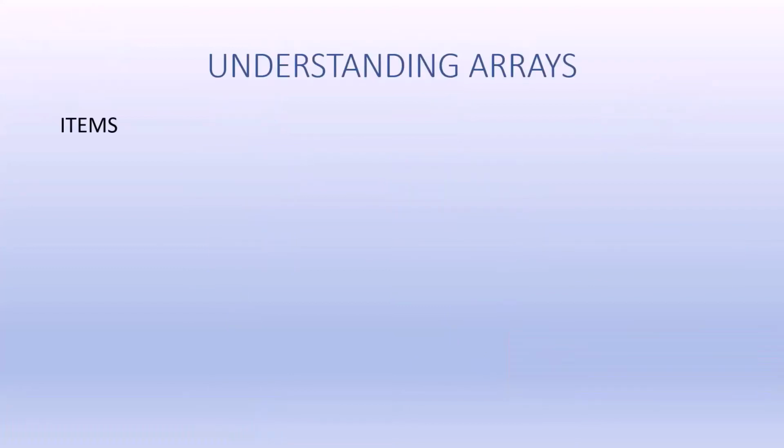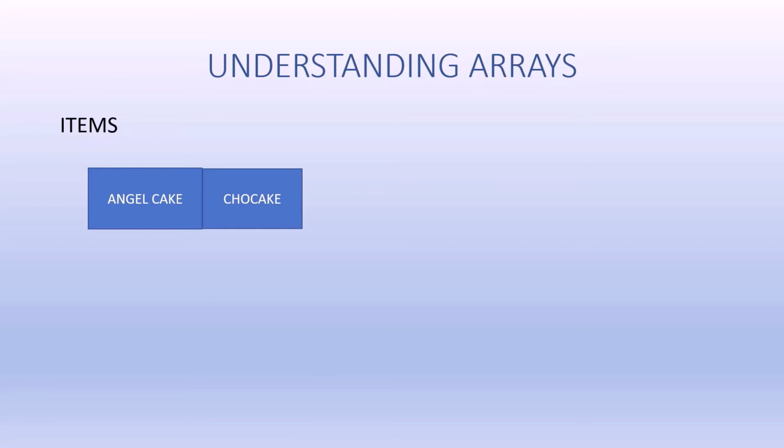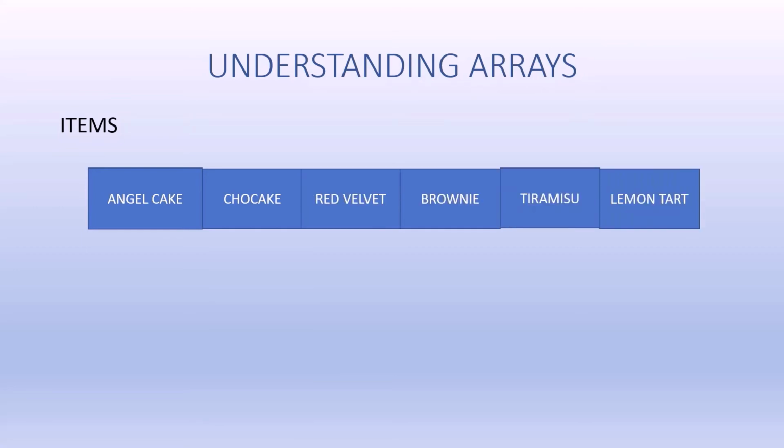Now, how do arrays work? Here we have items, and that's the name of the array. Like I said, every time the user purchases, the item gets added to the array. So angel cake, for example, first, then chocolate cake, then red velvet, brownie, tiramisu, lemon tart.